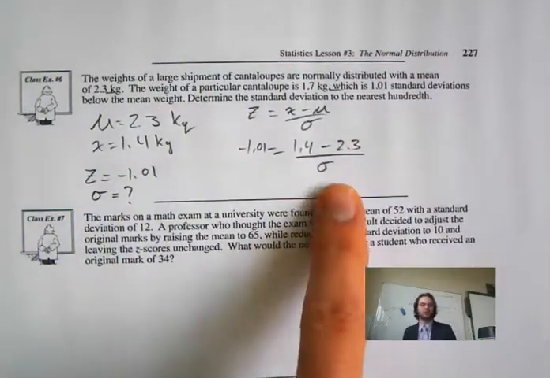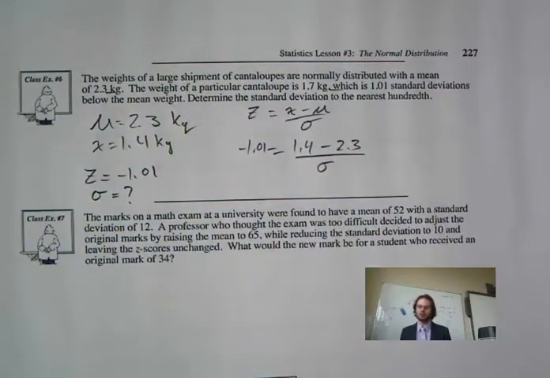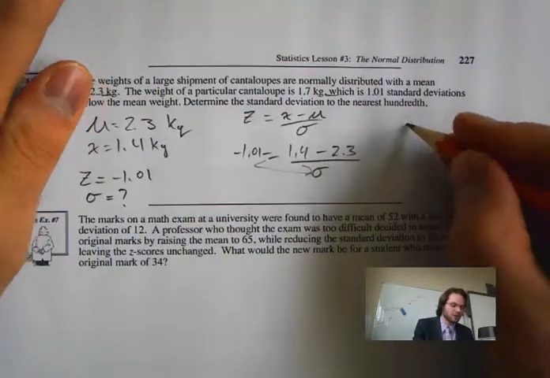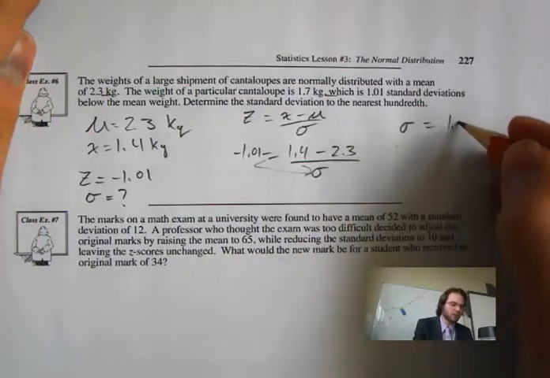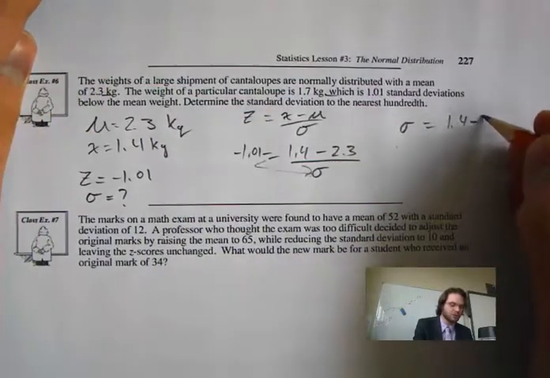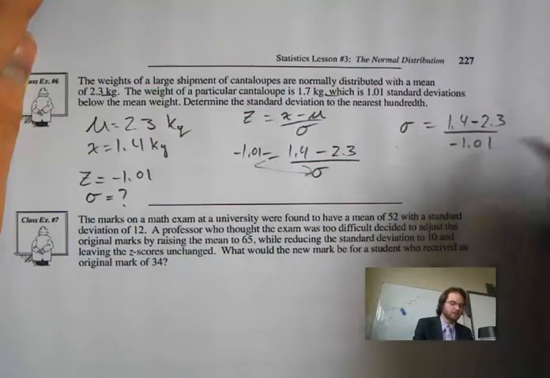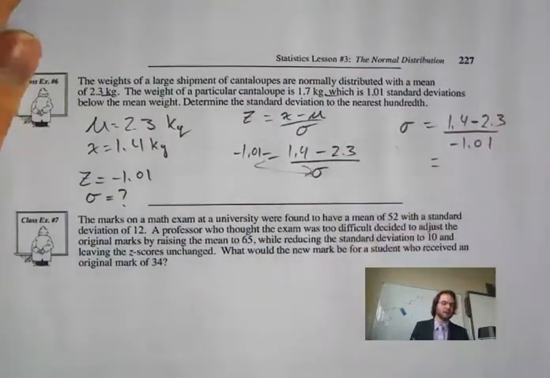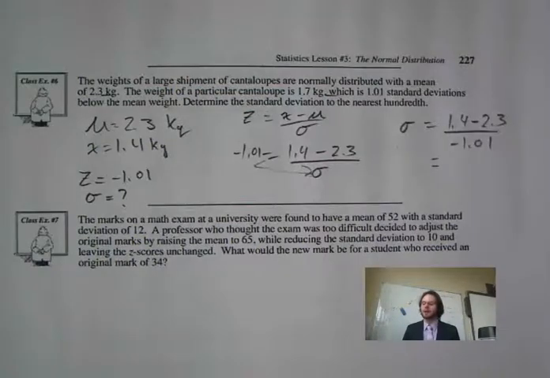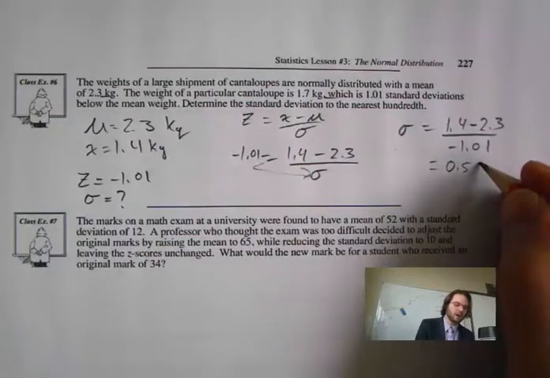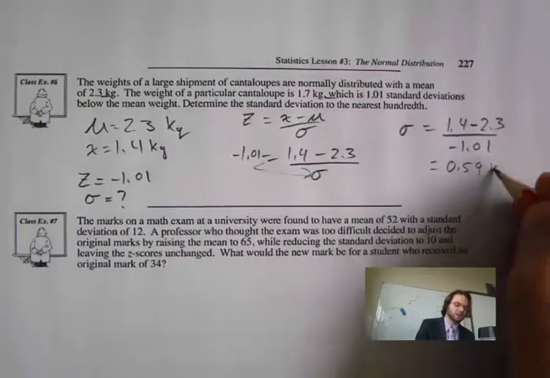So we have to solve for the standard deviation. I'm going to first switch these two around to isolate it. So the standard deviation is equal to 1.4 minus 2.3 all over negative 1.01. Solving that, I end up getting 0.59 as my standard deviation. That's in kilograms.